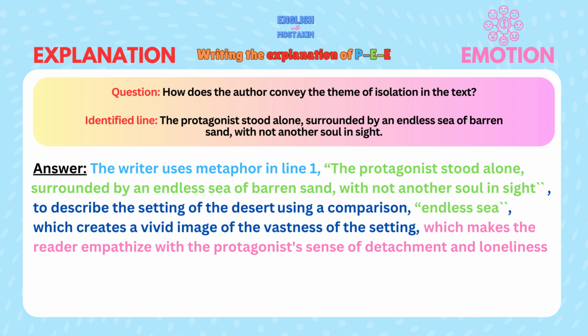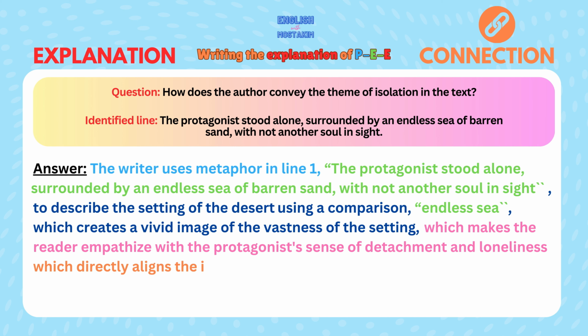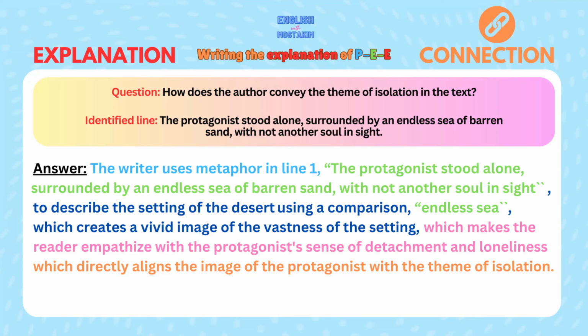So after you are done writing down the emotion, we are going to basically just state that all of these things that we have described till now, all of this aligns directly with the image of the protagonist, and the theme of isolation.